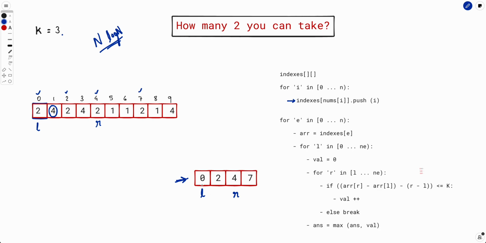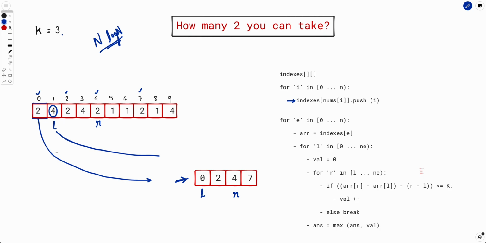Now for each element, you know what are these indexes, right? So what you can do, either you can start your L from here and then go here and see. If you are starting your L from here, you will first go to the 2 index array, and then if you go here, you will then go to the index array of 4, right, and so on and so forth.